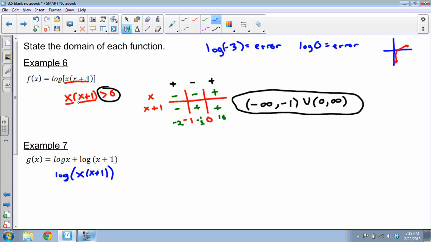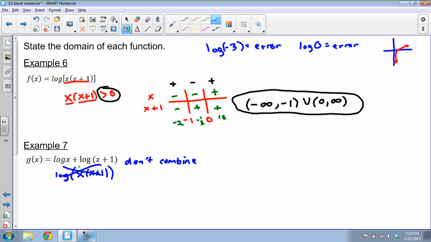And hang on, that's the same thing as example 6. So the message here is we do not want to combine these, because those combinations are only true if we're talking about positive values being plugged in.